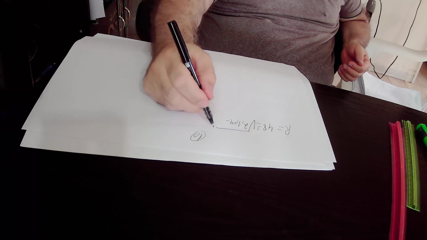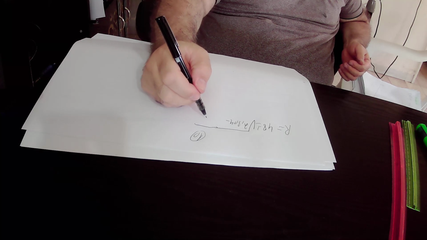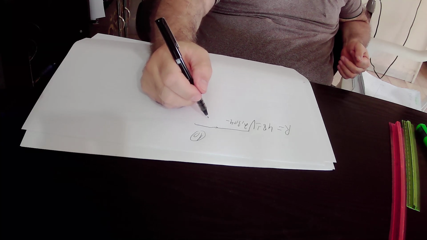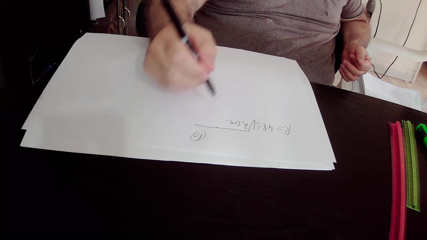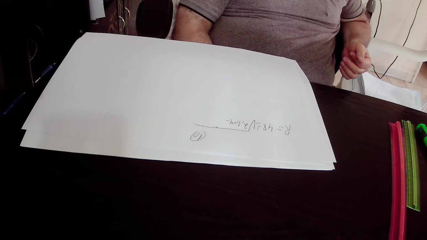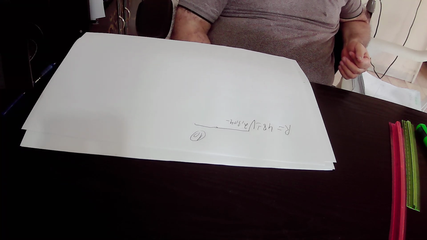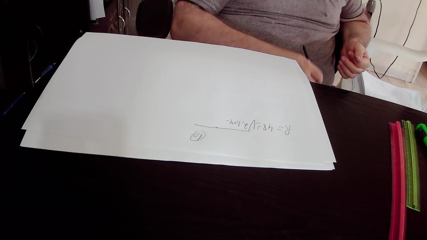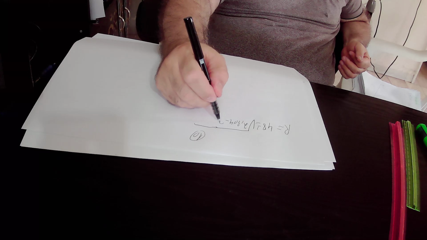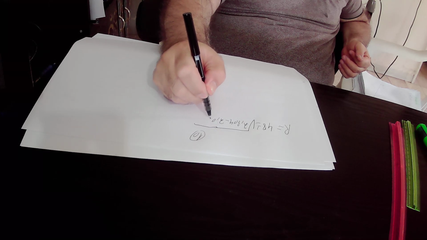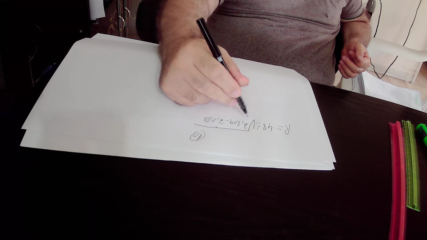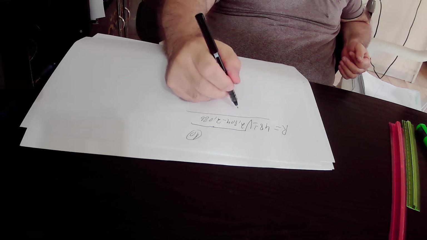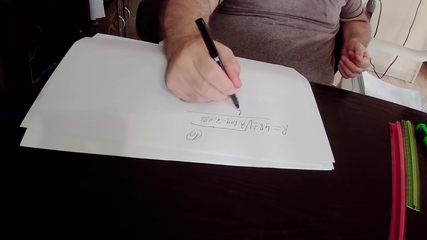Minus 4 times a, which is 9, so minus 4 times 9 is minus 36, times c. c is 58, so minus 36 times 58 is minus 2088, over 2a. a is 9, so 2a is 18.